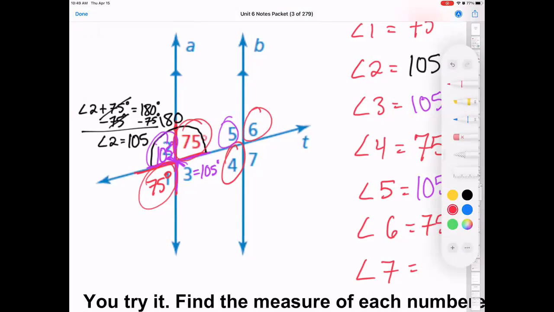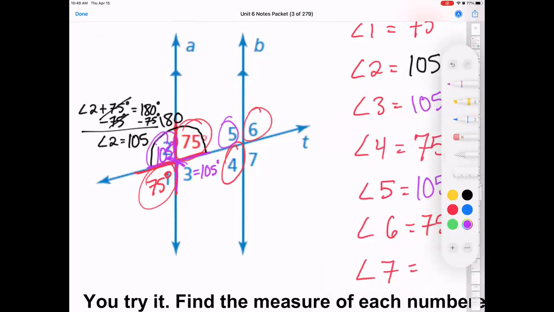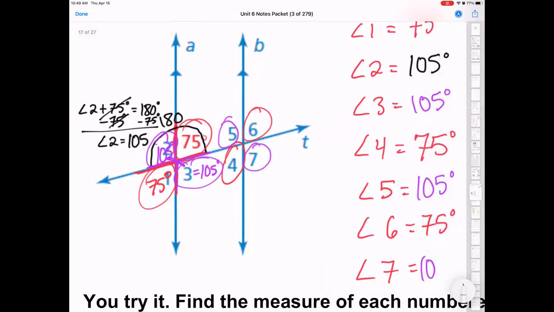And then finally for angle 7, we see that the corresponding angle would be with angle 3. So those must also be the same angle measures. Looks like 105. So the bonus is, once you find one of these, you can really find pretty much all of them. Okay. Go ahead, feel free to pause the video if you have any questions.